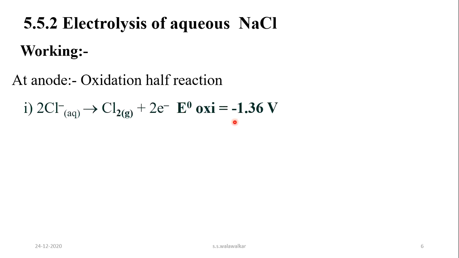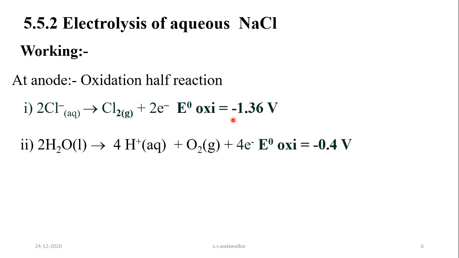The standard oxidation potential of this reaction is minus 1.36 volt. Water is also there, and this water gives hydrogen ions and oxygen gas is liberated, and 4 electrons are lost. The oxidation potential of this water reaction is minus 0.4 volt.